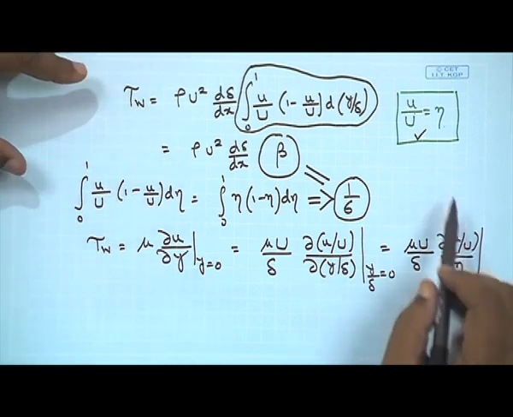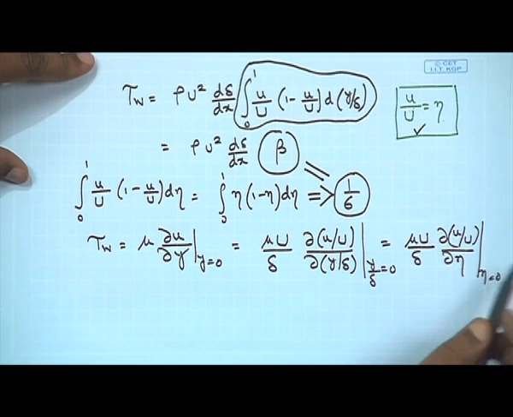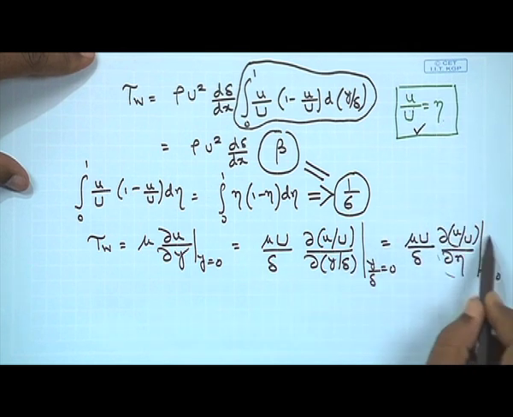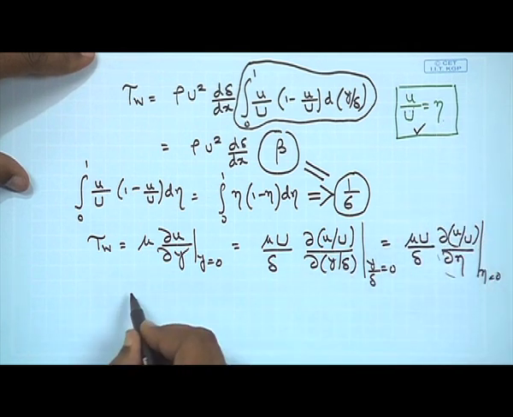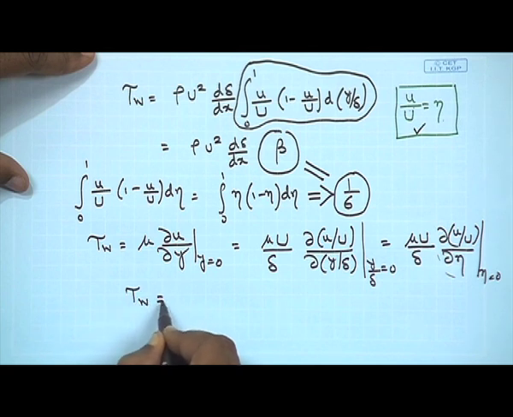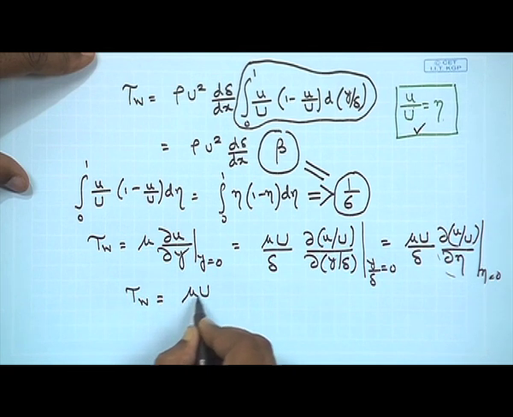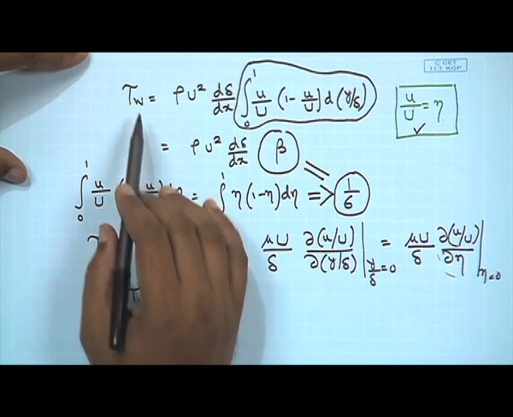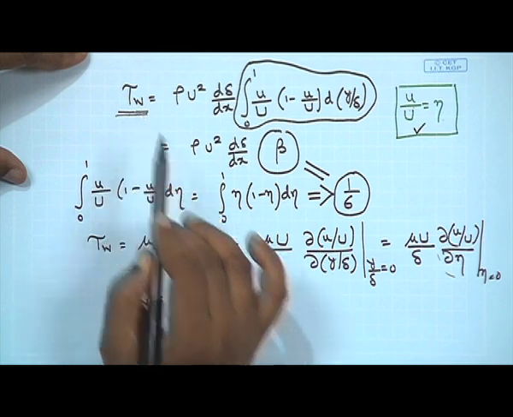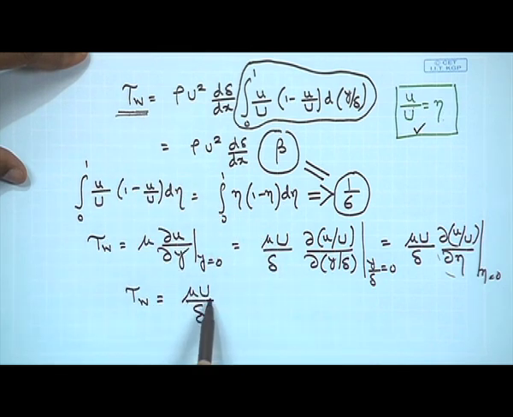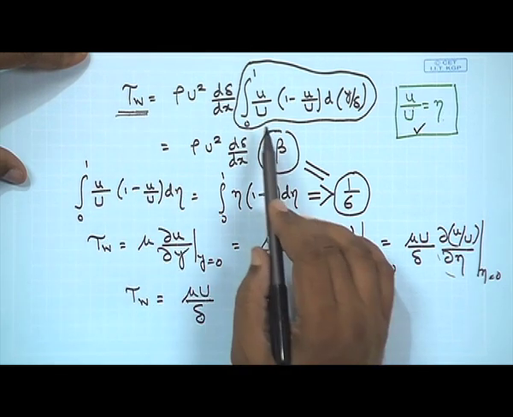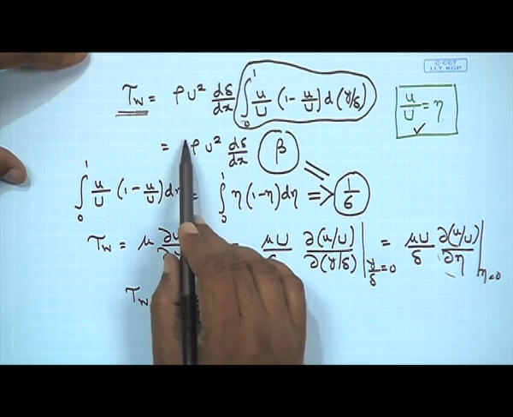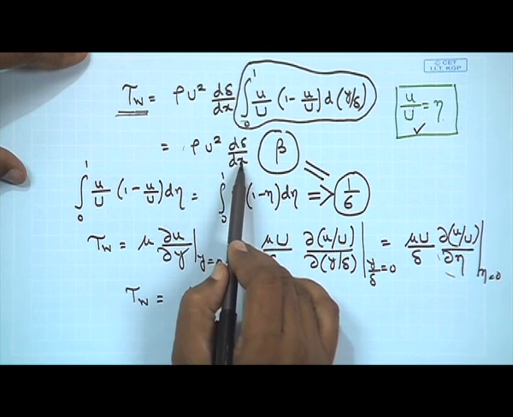Now, since the velocity profile is provided, this is simply going to be equal to 1, and therefore the expression for tau w would be equal to mu U by delta. So I have found the left hand side of the momentum integral equation, mu U by delta, and the right hand side, which is simply going to be 1 by 6 rho U square d delta dx.